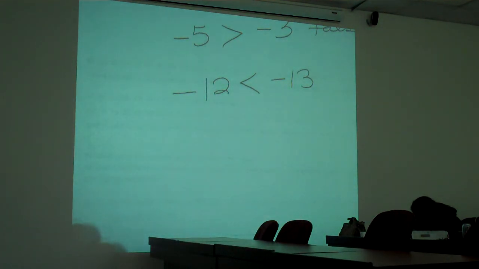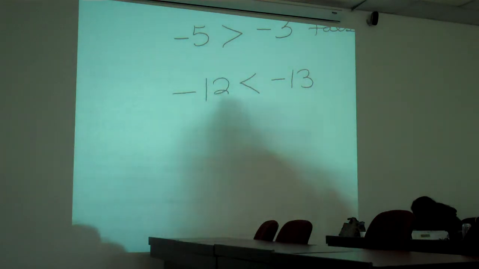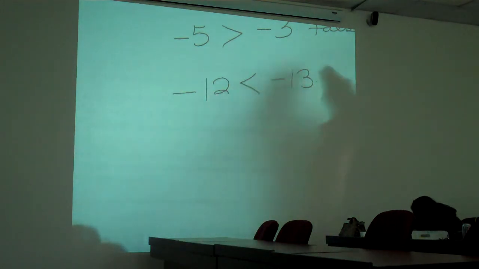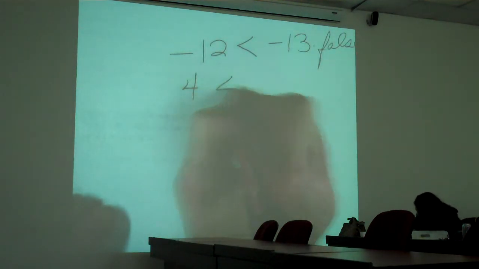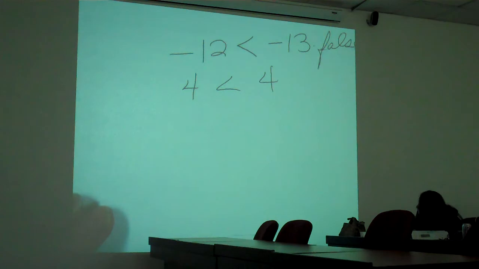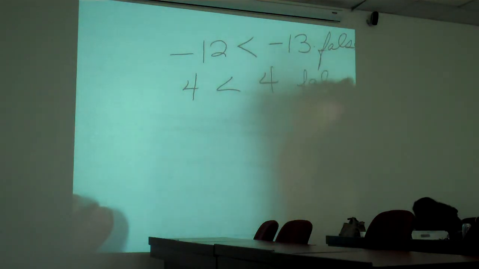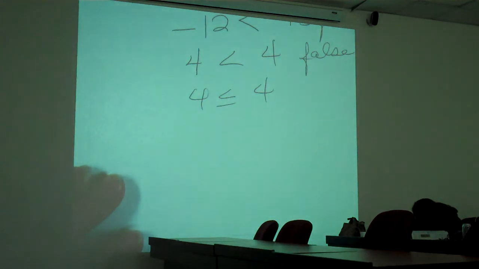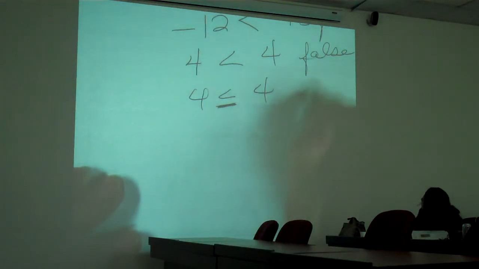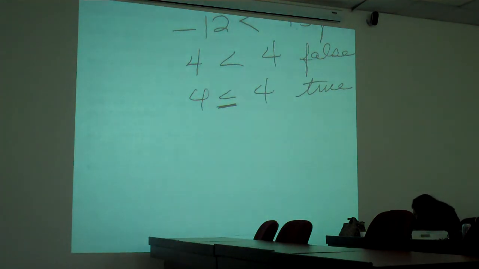No, because it falls on the other side, to the right. That's also false. How about, is 4 less than 4? Okay, it's false. How about if you had 4 less than or equal to 4? Because of the equal, that would be true, because it is equal. It's not less, but it is equal.